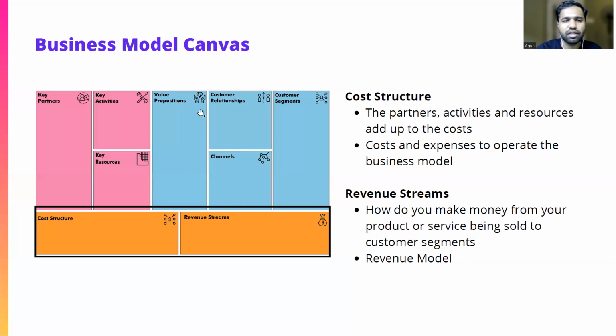Without validating, it's not really a plan, because as I told you before, a startup means experiment and it means validated learning. It means searching for the right thing. So it does not stop only with writing the things. You write it down and you go and validate each and everything.